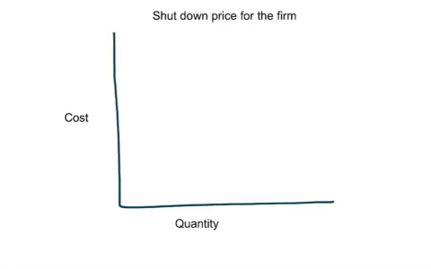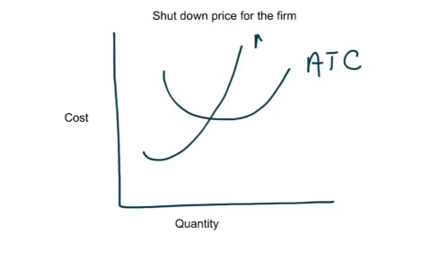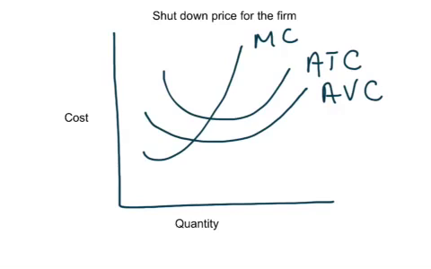Now, we added in the average total cost curve. What we want to also review is the shutdown price for the firm. So we are going to add a few things here, which we're going to put in the ATC, the marginal cost curve, and the other thing that we want to add is the average variable cost curve.